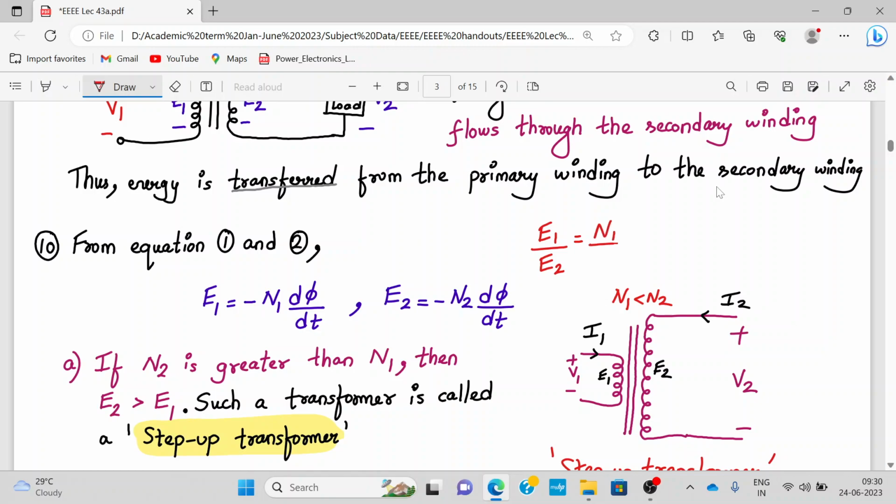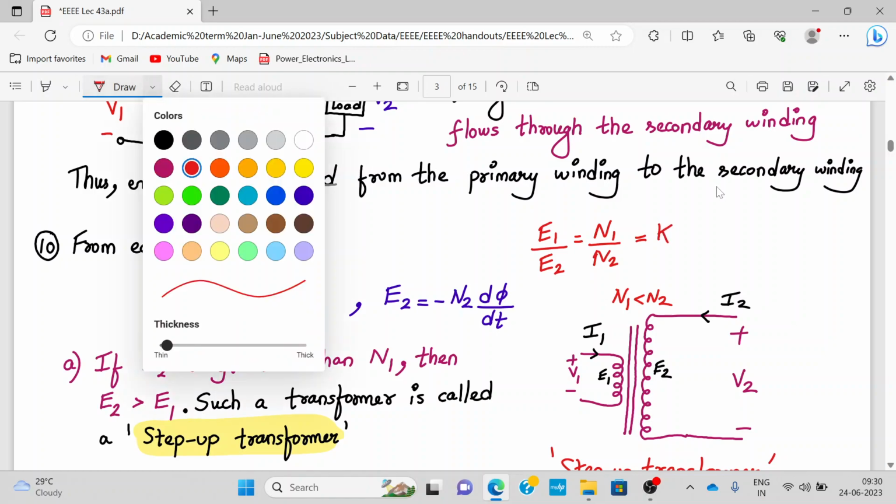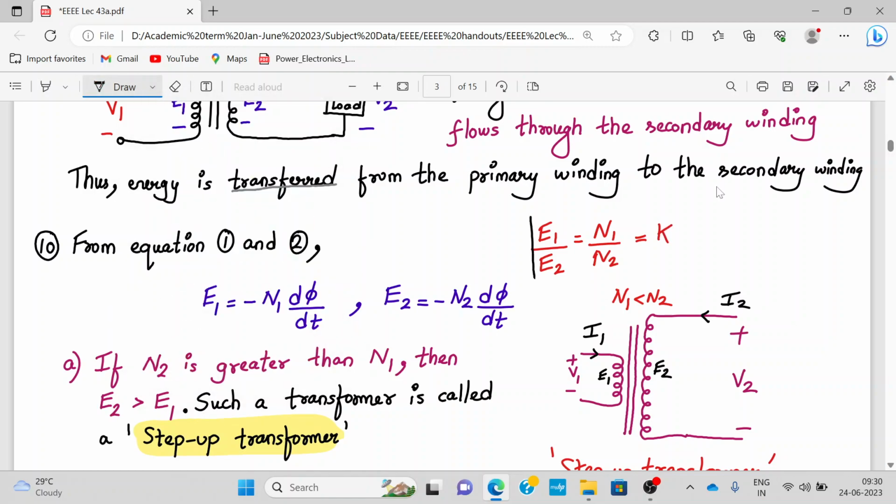We get N1 upon N2, and this is called the transformer ratio K. N1 upon N2 is the transformer ratio K. So this I can write down: transformer ratio denoted by capital K.